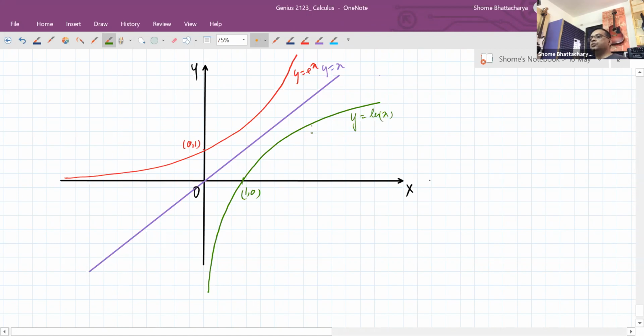For the log function, at any point x, the slope of the tangent is 1 by x. Whereas for the exponential, at any point x, the slope of the tangent is equal to y itself.